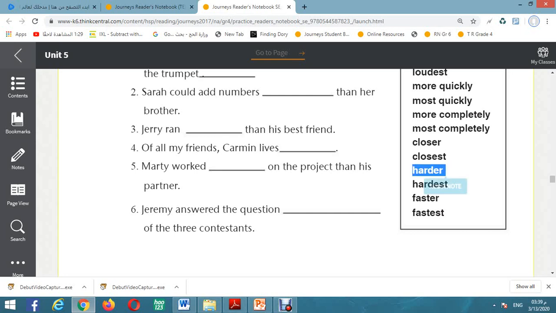Worked harder than his partner. Number six, Jeremy answers the question of the three contestants. Three contestants, so it's superlative. So the correct answer is most completely.